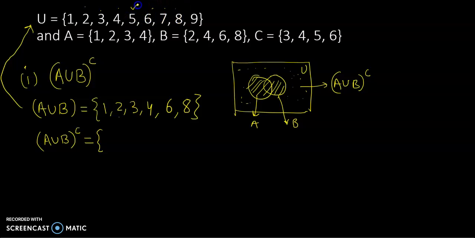So what are the elements left? 5, 7, and 9. So that is (A union B) complement.